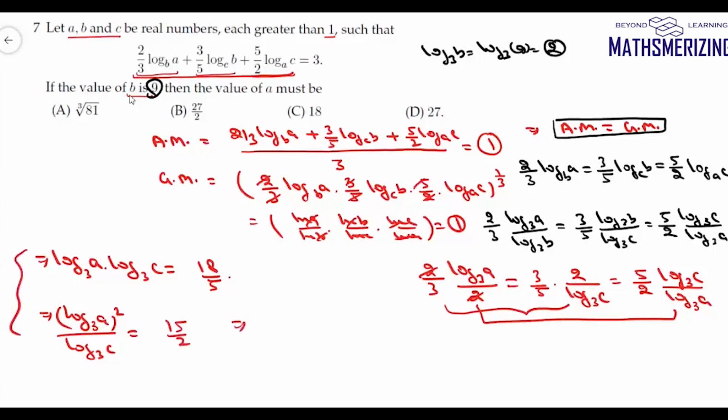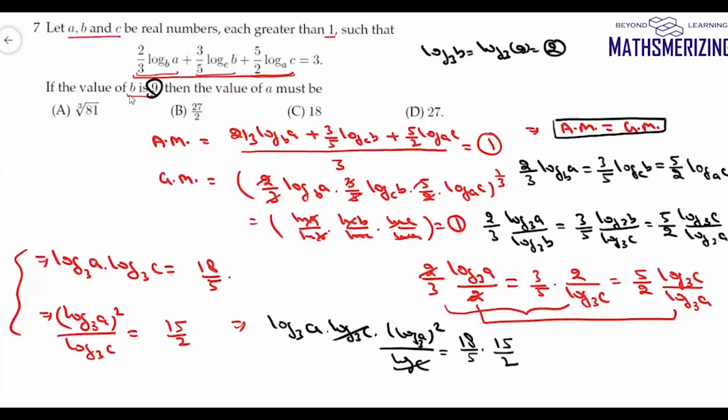So if I'll multiply them, then I can write it as log a log c into log a whole square upon log c, and this is 18 upon 5 into 15 upon 2.